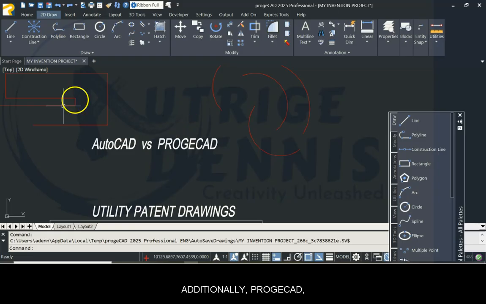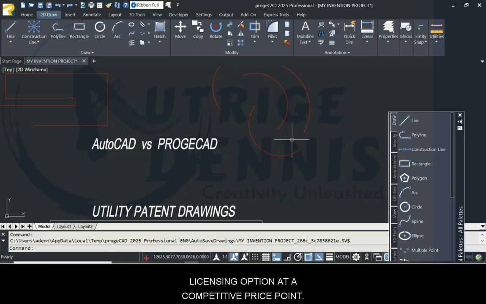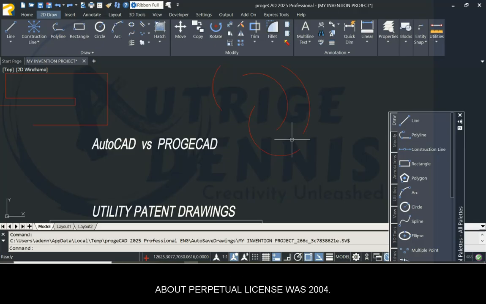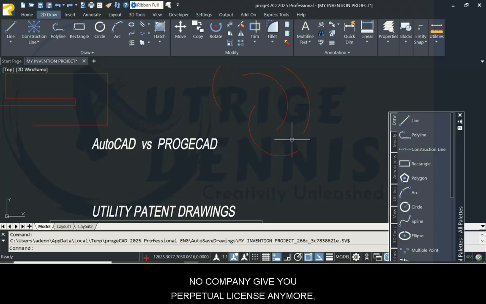Additionally, ProgeCAD provides a perpetual licensing option at a competitive price point. The last time I heard about a perpetual license was 2003, 2004. No company gave you a perpetual license anymore.